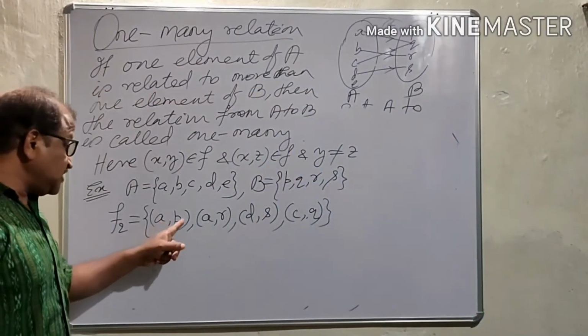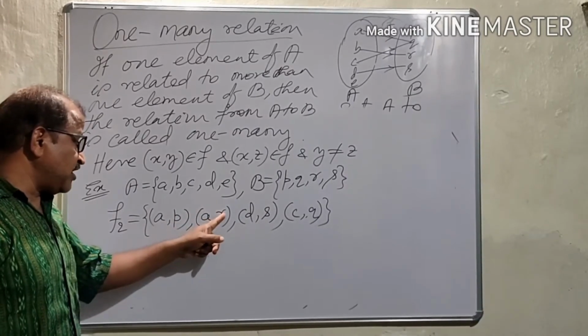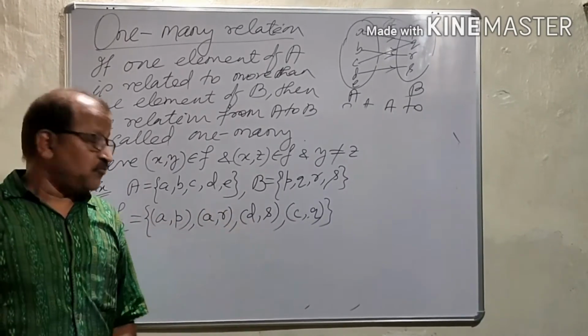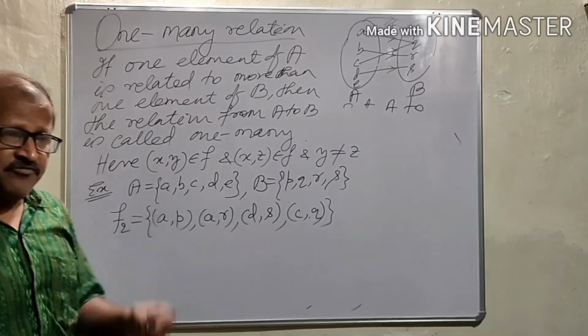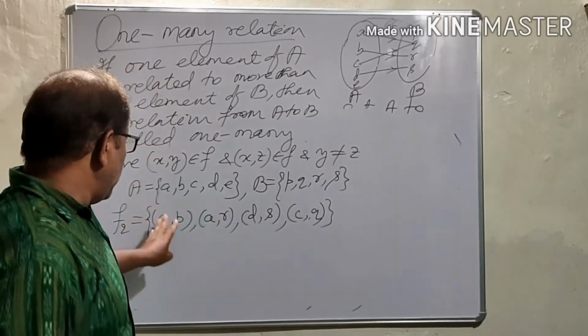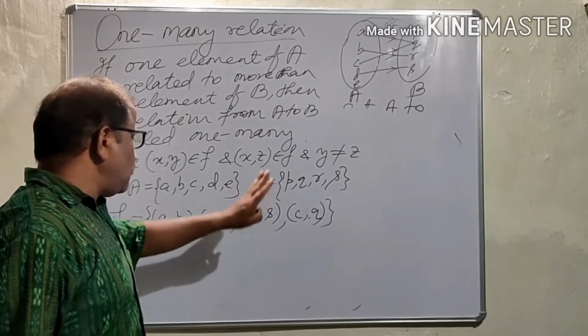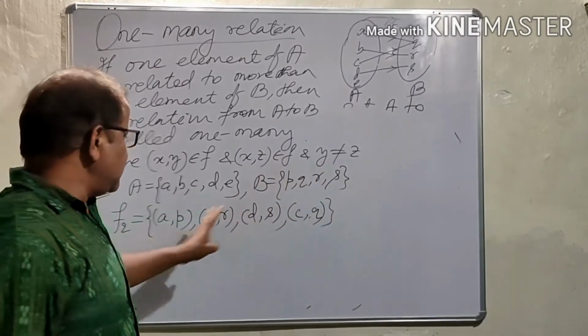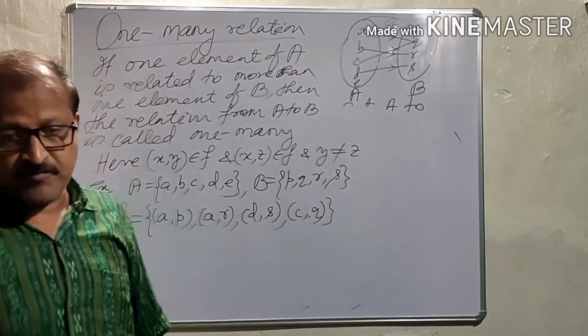Here a is related to p, a is related to r, so it is one-many. If you find one such example where a is related to more than one element of B, then it will be one-many.